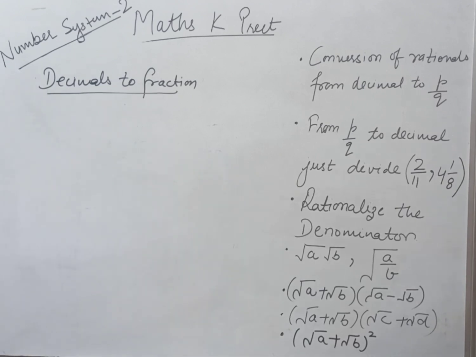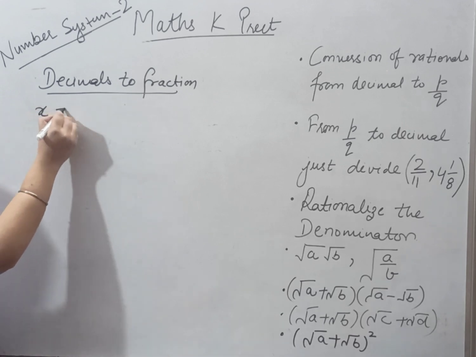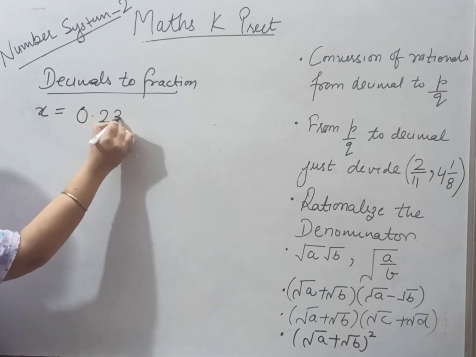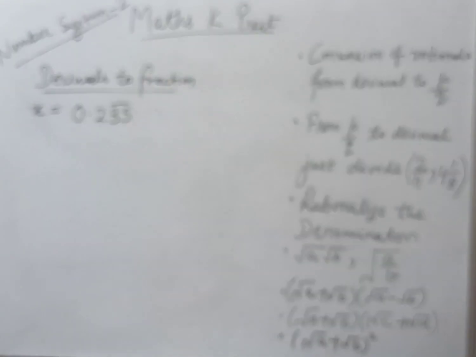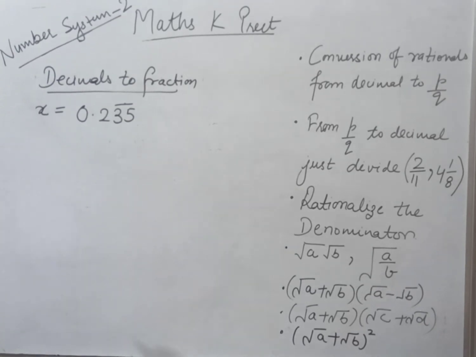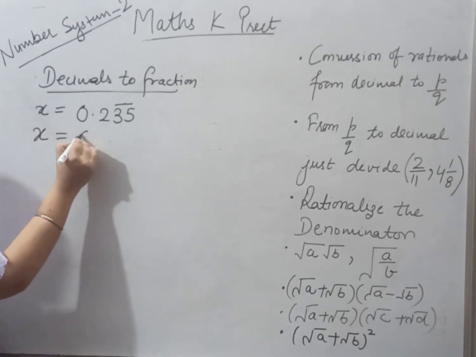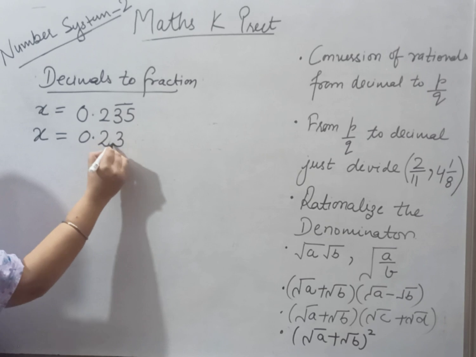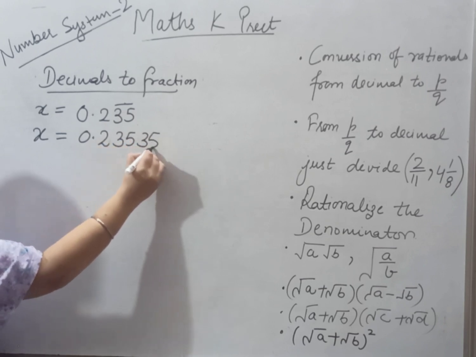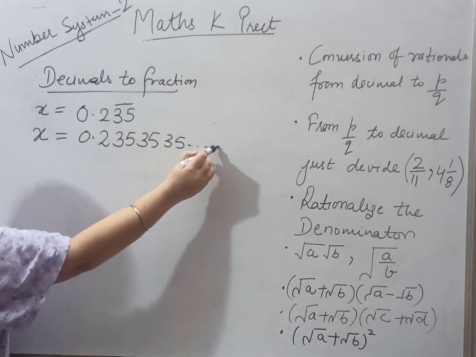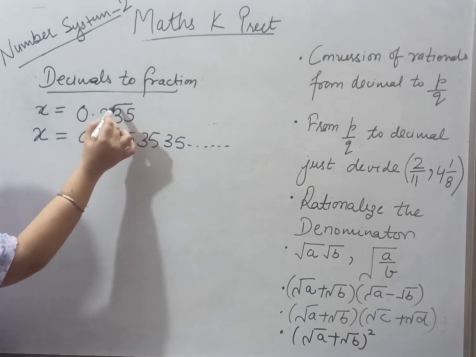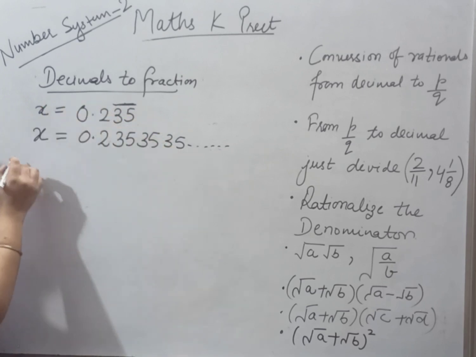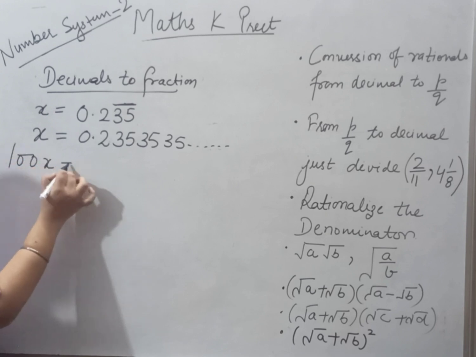So if I have the number x equal to 0.235 and the bar is over 2 digits, 3 and 5 only. It's not on 2. So this is my x. x is equal to 0.2, we will write it once, and these digits are repeating themselves. Write up to 3 steps. Here the bar is over 2 digits, so we will multiply both the sides by 100.